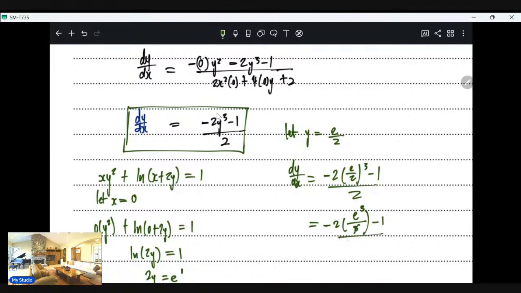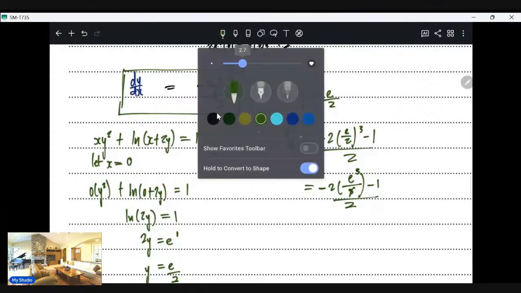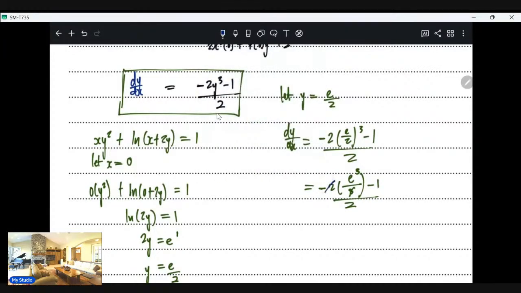And it's all over 2, which becomes now negative 2 into negative 2, 1. 2 into 8, that's 4. So it becomes negative of 4 of e cubed divided by 4.